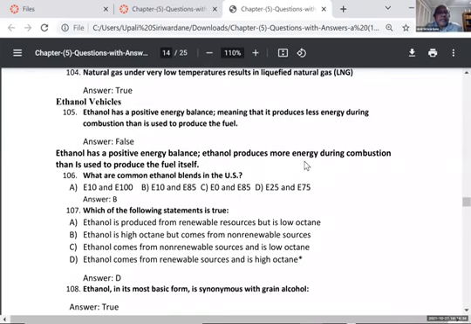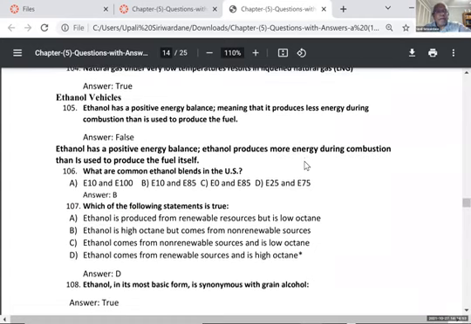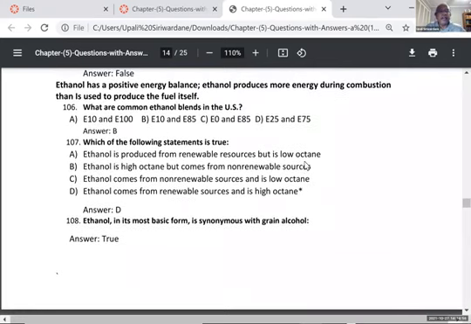Ethanol in vehicles. Ethanol has a positive energy balance, meaning that it produces less energy during combustion than it takes to produce the fuel. No, more energy is used to produce ethanol, considering we had to grow corn and use land and irrigation.